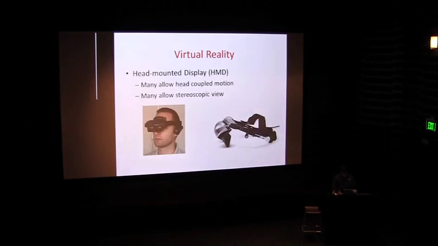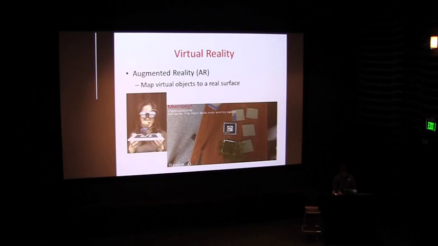Alternatively, you could use a head-mounted display where you have a stereoscopic view of the environment with a left eye, right eye perspective, with appropriate optics to facilitate the left and right eye views and to perceive depth in the scene. It may also be joined with a head tracking system so that you have a head-coupled view of the environment in first-person perspective. You guys are familiar with that.